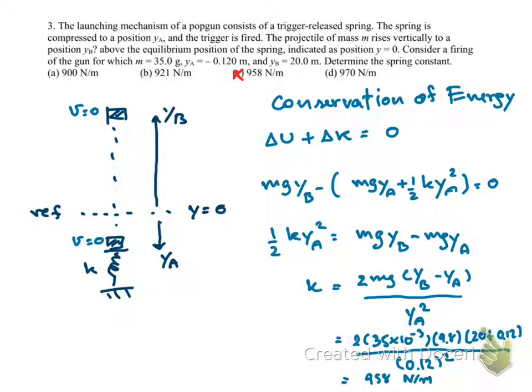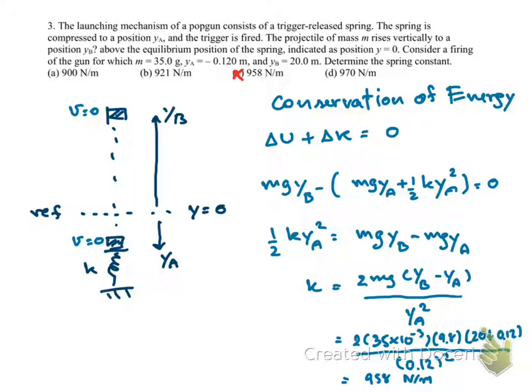Okay. First, we will use the reference point here. This is the equilibrium position of the spring. So at the reference point, we have 0 elastic potential. Elastic potential of the spring is 0 at this point. And also, we can choose this as a reference point for the gravity, the gravitational potential also.